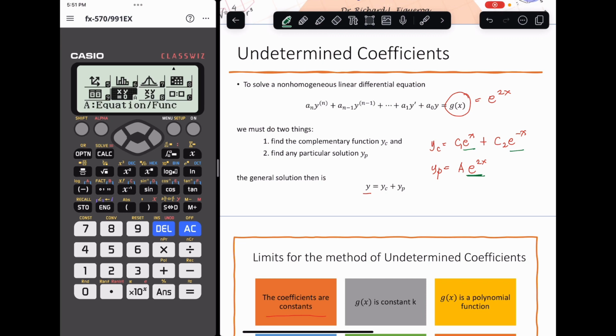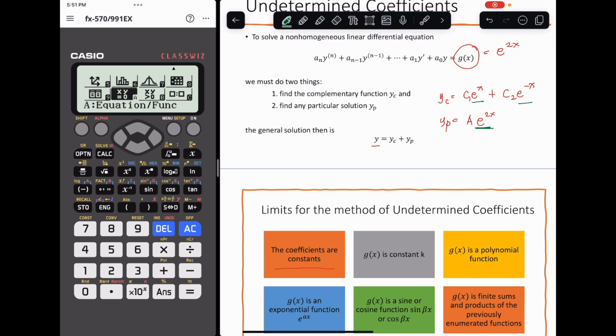But then let's say we have another one. Let's say our complementary solution is c1 e raised to x plus c2 x e raised to x.